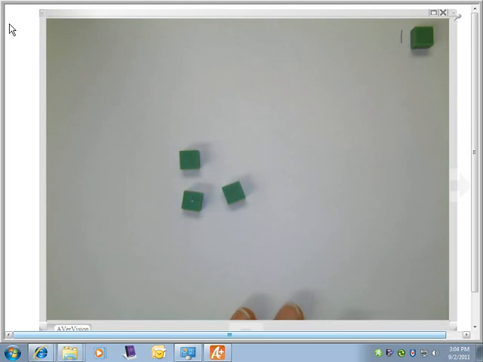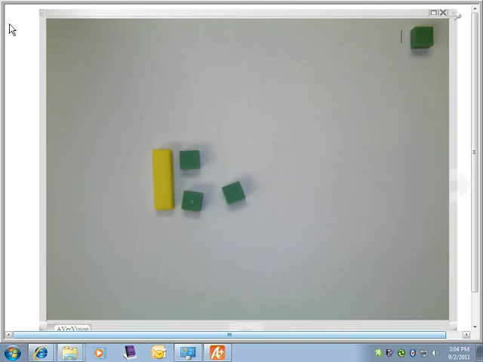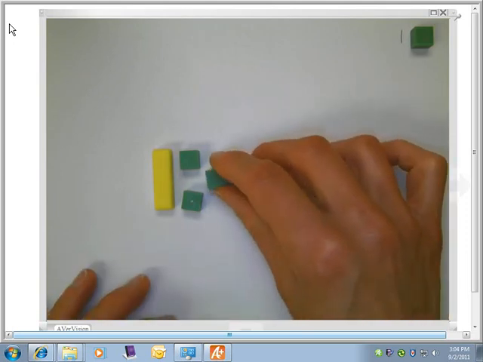Let's compare our green units to our yellow rod. What's the relationship? You might think it's 3. Well, let's test it out.